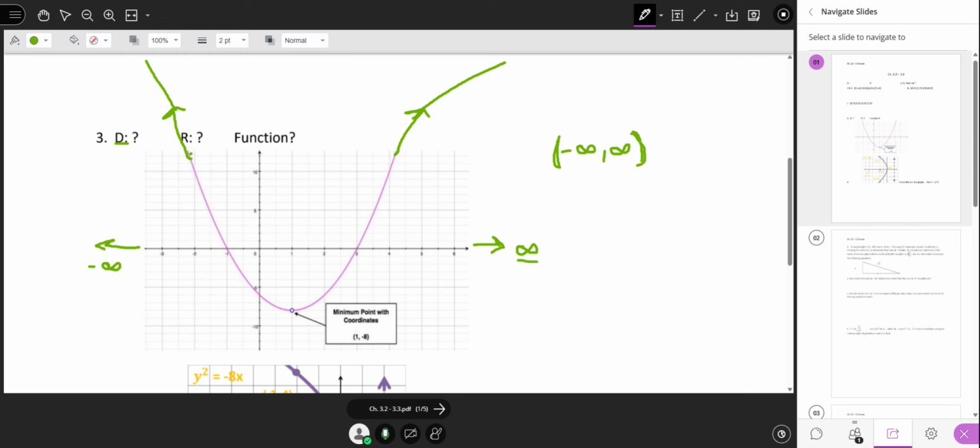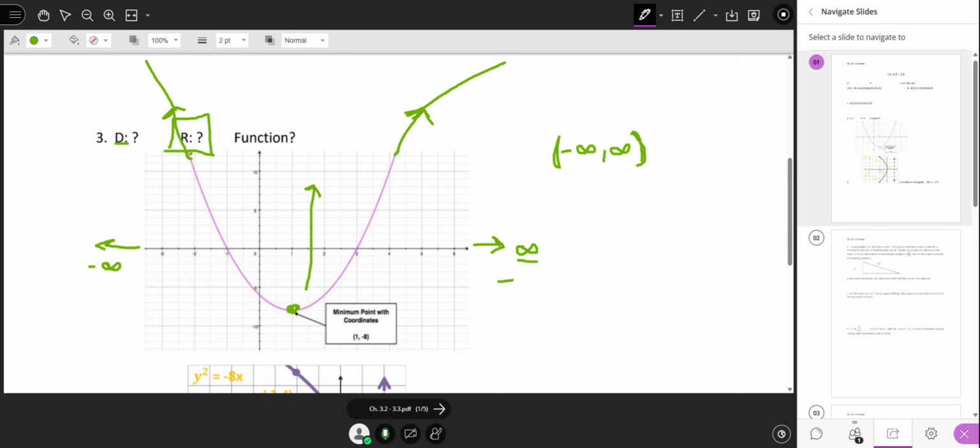If you are talking about range, that's going to be your y values, all possible y values on the graph. It goes from bottom to top, because it's a parabola pointing upward. So this is your very lowest point, and it continues towards positive infinity.